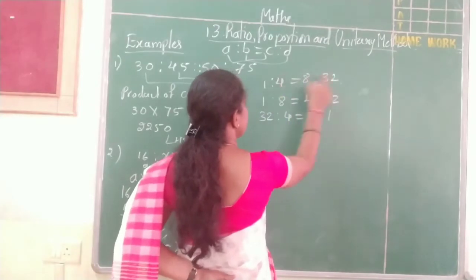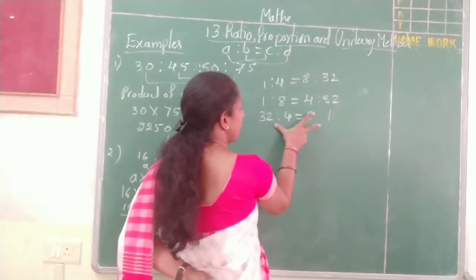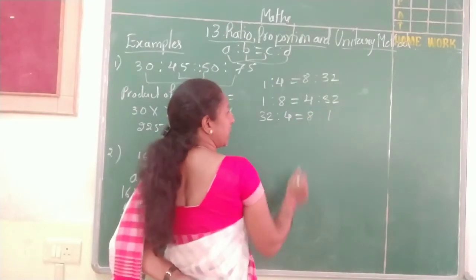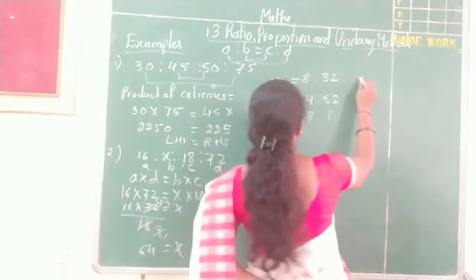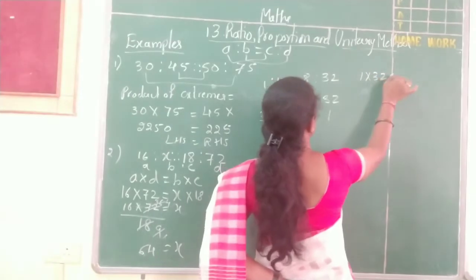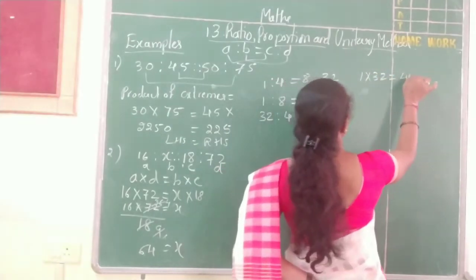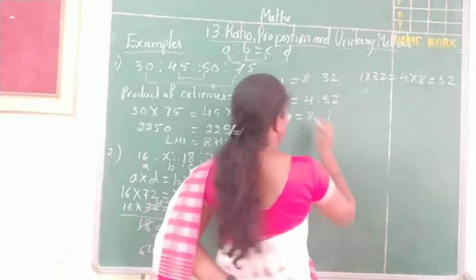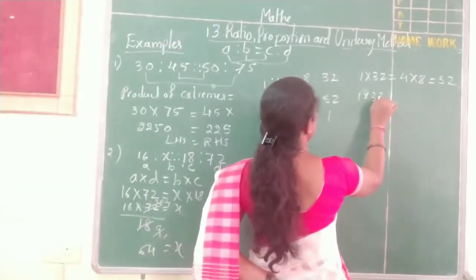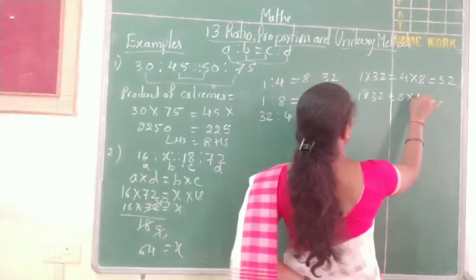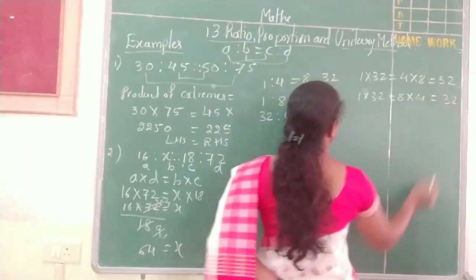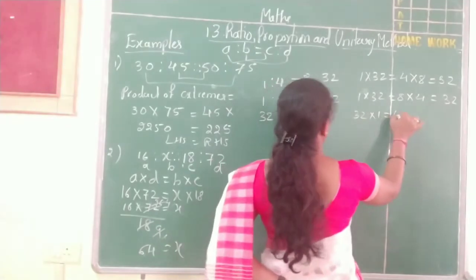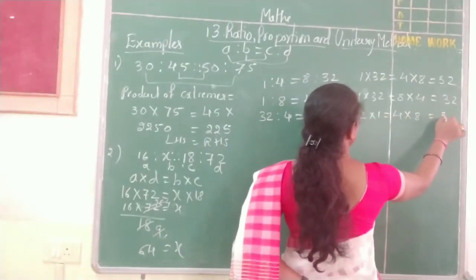I just interchange these two places because when you multiply these two, you will get the same. Here 1 into 32 is equal to 4 into 8 is equal to 32 only. And here 1 into 32 is equal to 8 into 4 is equal to 32. Same here, 32 into 1 is equal to 4 into 8 is equal to 32.